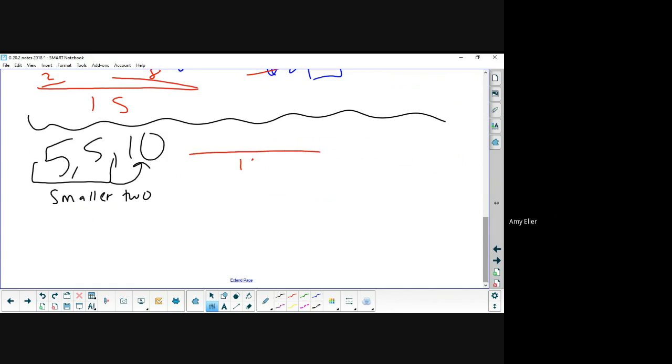If I have 10 and 5 and 5, that won't make a triangle. If I had 10 and 5 and 6, then I got one. That looks like it's going to be very obtuse. Make sure the smaller two together are more than the largest. That's how I determine if it makes a triangle.